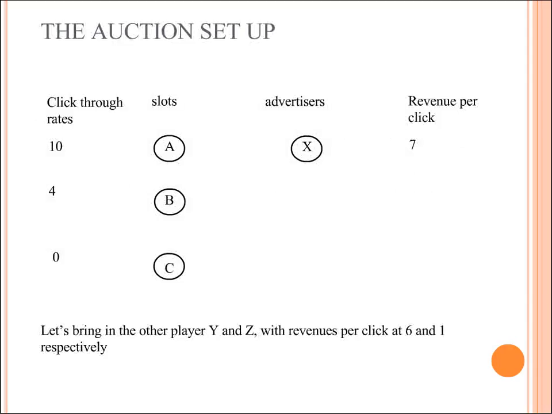So let's put this on the auction setup. You have on the left the click-through rates, 10 for the first slot, 4 for the second slot, and 0 for the last slot. You have one advertiser on this setup, and he is willing to pay 7 per every click-through. Now let's bring in 2 other players, Y and Zeta.